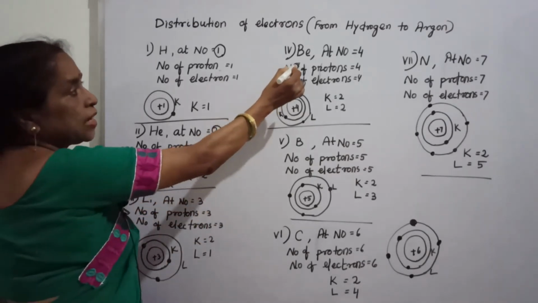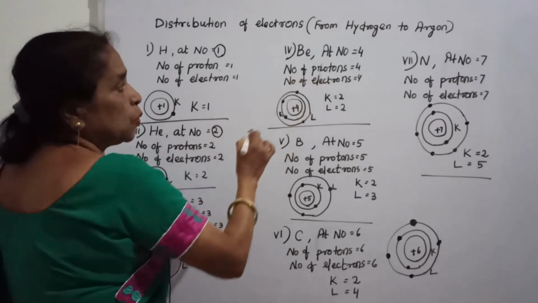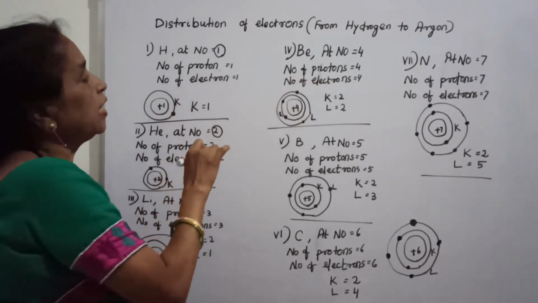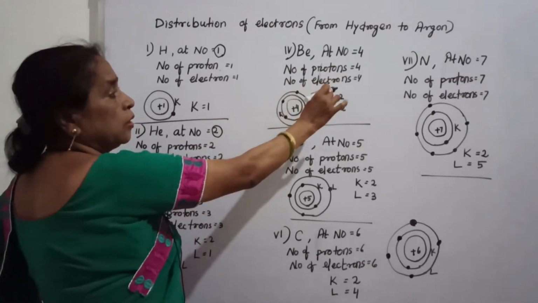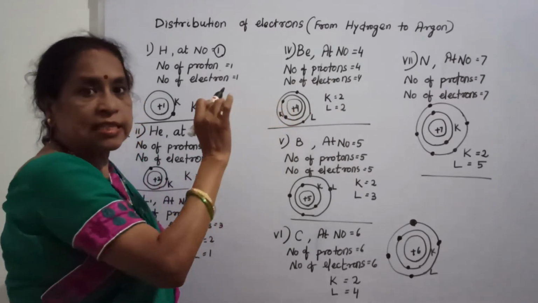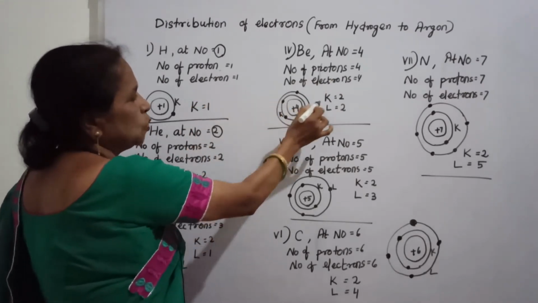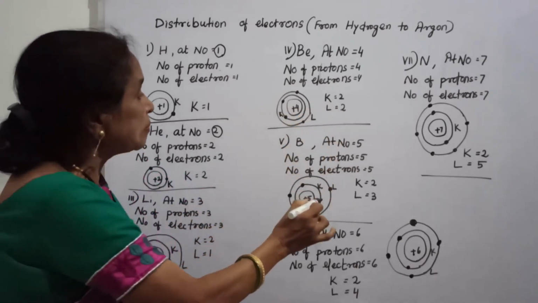Then come to beryllium. Beryllium atomic number 4, number of protons 4, that is plus 4 inside the nucleus, number of electrons 4. Number of electrons 4 means K shell has the maximum capacity of 2 electrons, so K shell has 2 electrons and the remaining L shell has 2 electrons.